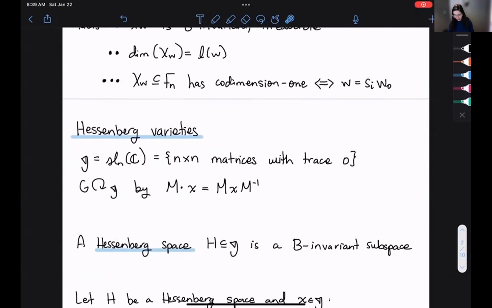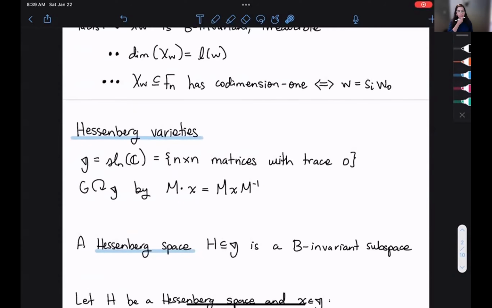Now, before defining Hessenberg varieties, let me tell you what a Hessenberg space is. First, this is a vector subspace of n by n matrices with complex entries. So a Hessenberg space is a vector subspace of this Lie algebra that is B-invariant under this action.